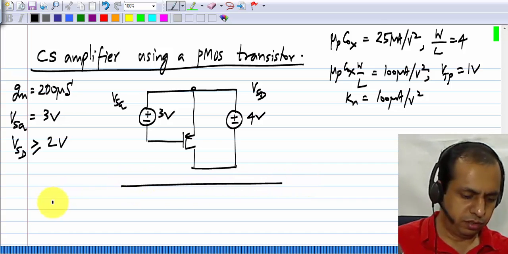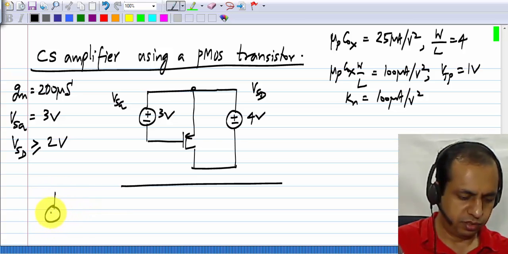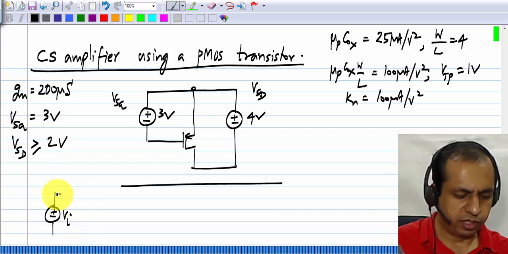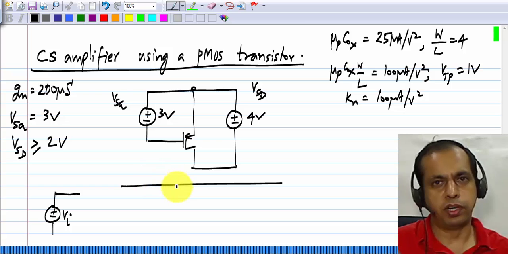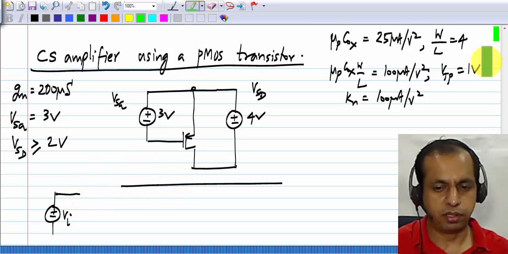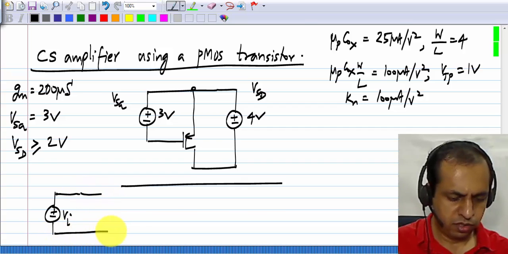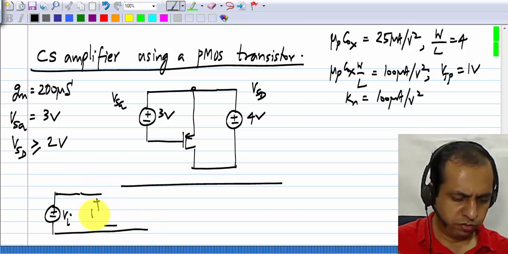And let me imagine that the small signal picture of the common source amplifier is like this. I have some input source Vi, and just for illustration, initially I will assume that there is no source resistance Rs. So Vi will be applied as VGS to the MOS transistor.